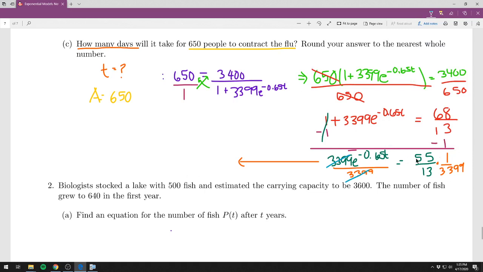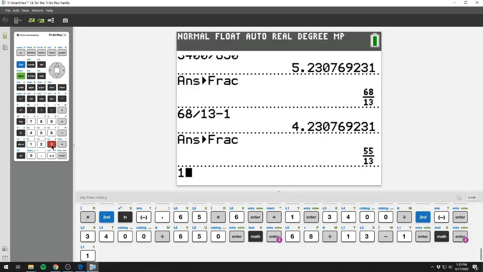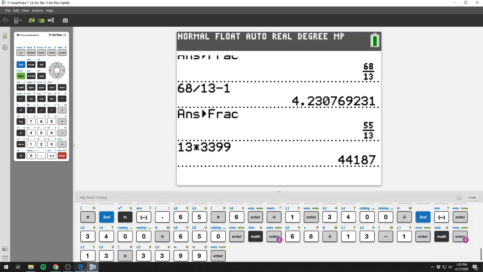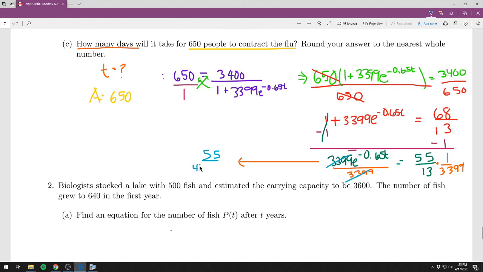And this probably isn't going to simplify very much. 55 times 1 is 55. 13 times 3399 is 44,187, equals e to the negative 0.65 t. Once again, I understand the numbers aren't great, but this is how numbers work in real life. They're not nice.